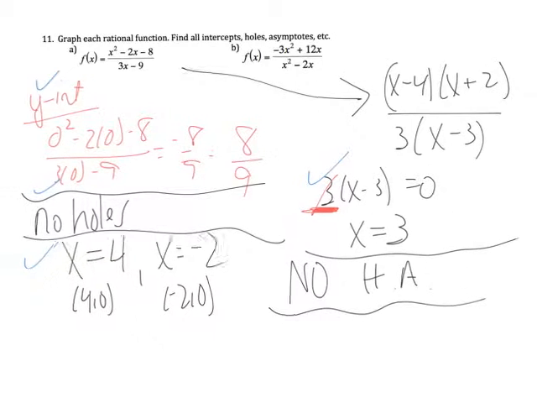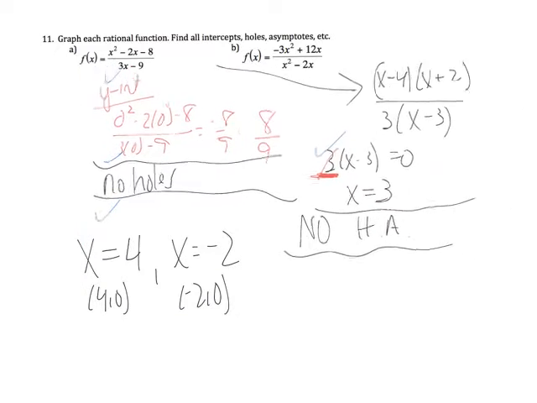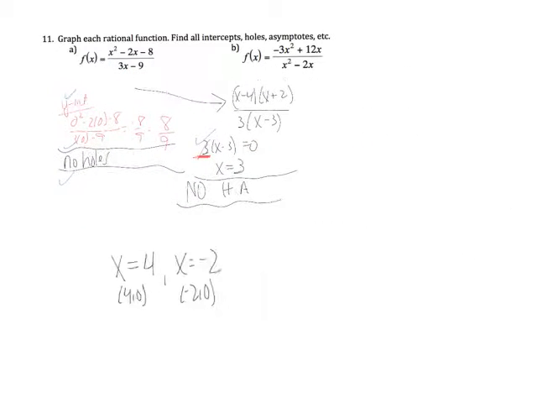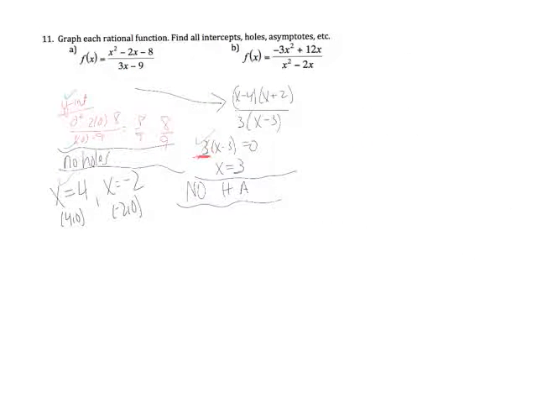So I'm going to shrink everything so that I can go through and do our division. You have some options to do this. You are really just taking x squared minus 2x minus 8 and dividing it by 3x minus 9.